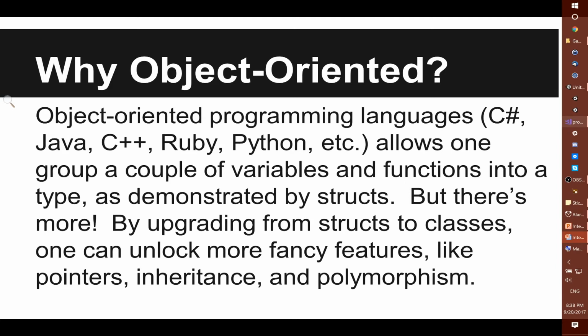So why object-oriented programming? If you couldn't tell, almost every popular programming language under the sun allows you to group all this information into these classes and structs. But there's actually more to it. By upgrading from structs to classes, we use structs in this case.